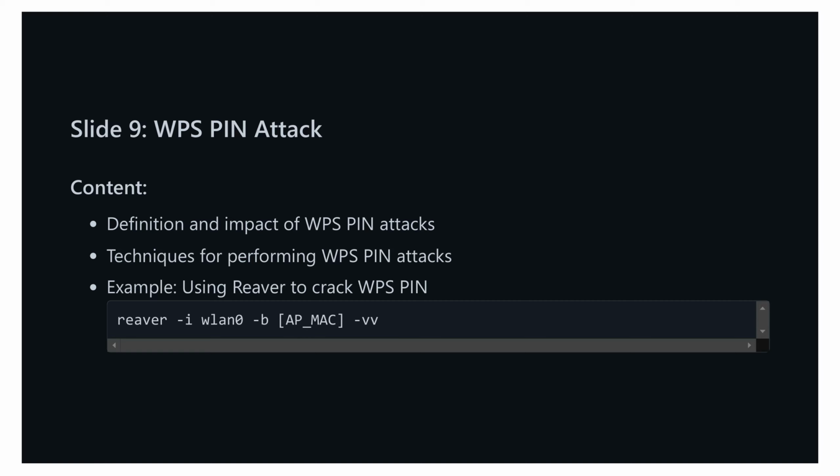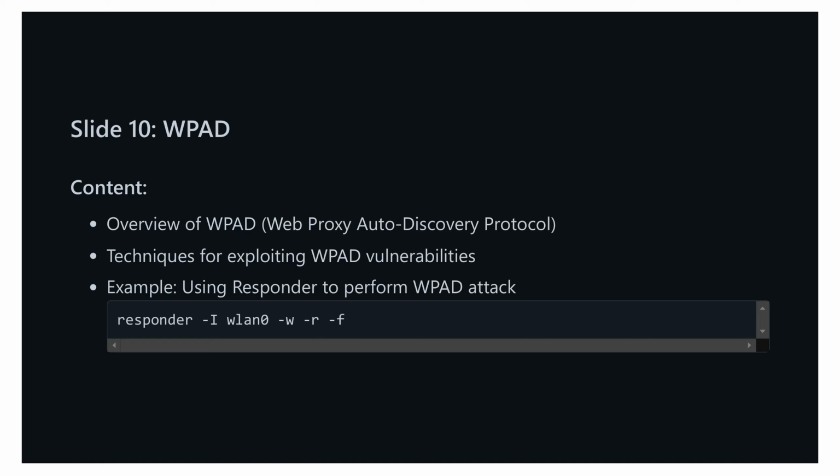In the next slide, we'll explore the Web Proxy Auto Discovery Protocol and how attackers can exploit its vulnerabilities using tools like Responder. Let's move on. On this slide, we delve into WPAD, or Web Proxy Auto Discovery Protocol. WPAD is a method used by clients to locate the URL of a configuration file using DHCP and/or DNS discovery methods.